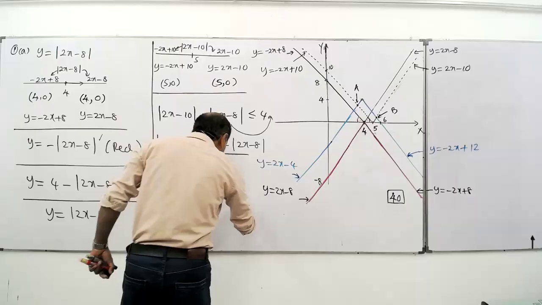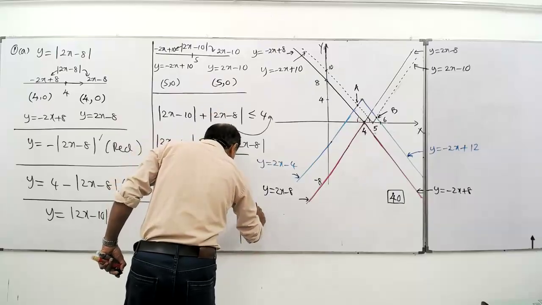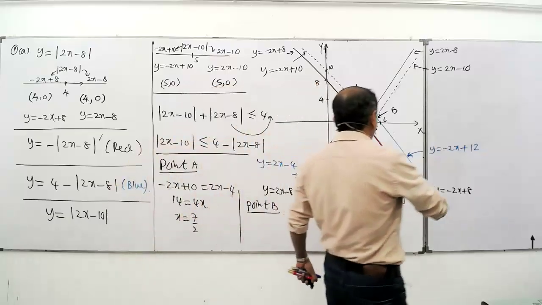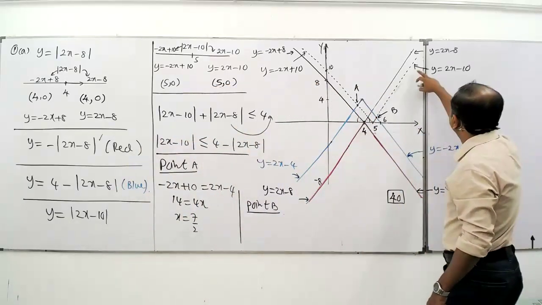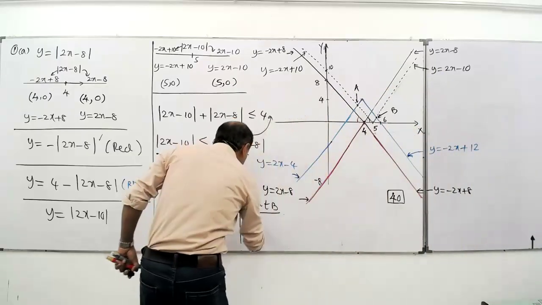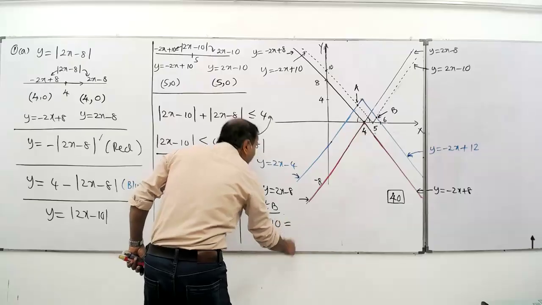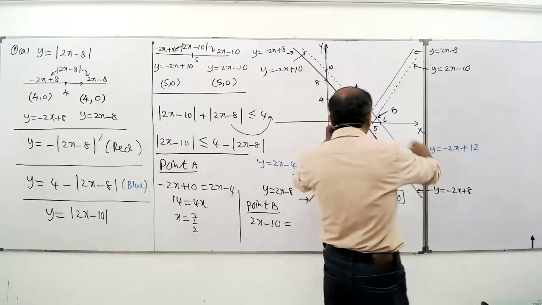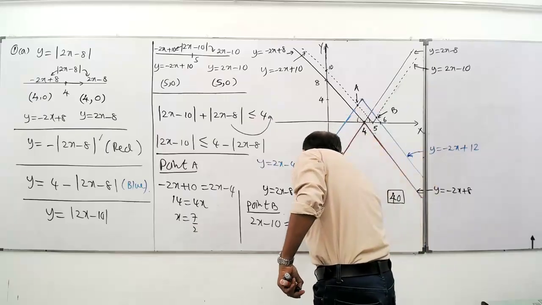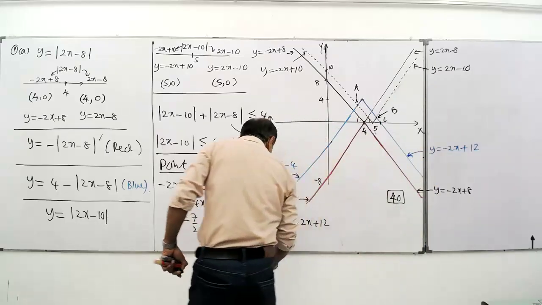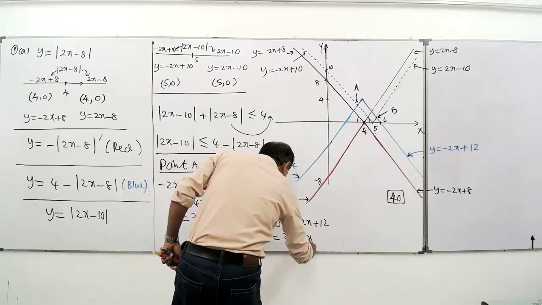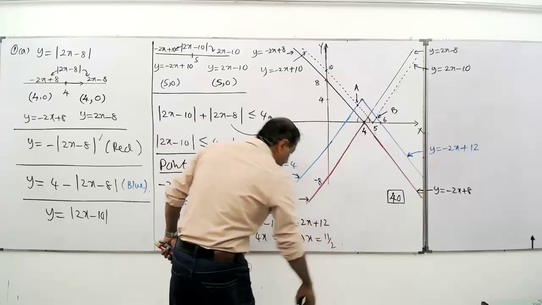And point B can be found by solving this blue one and this black one: 2x minus 10 and minus 2x plus 12. Okay, bring to this side, 4x equals 22, x is going to be 11 by 2.